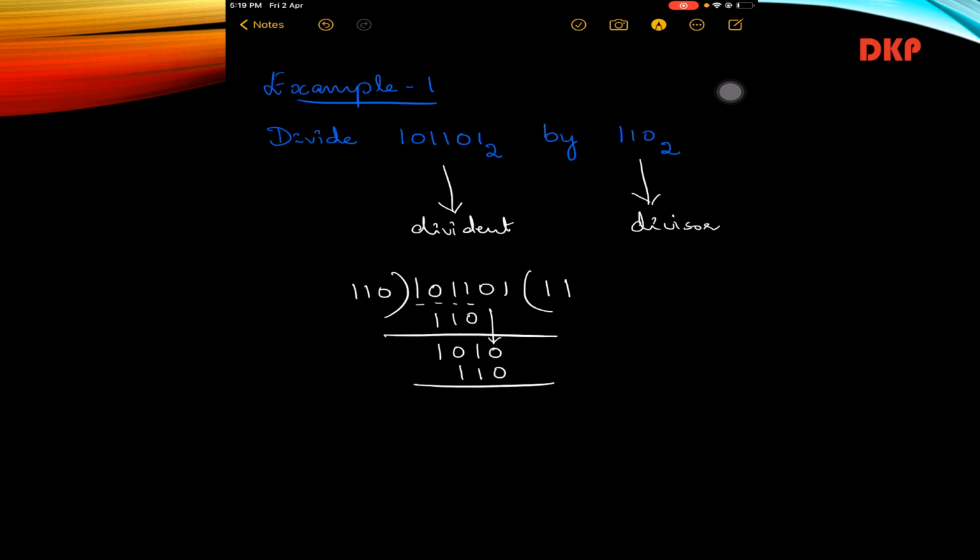One time. Now you will get the remainder as 100. Write the next bit along with this remainder. It will go one time, 110. Here again the remainder is 11.